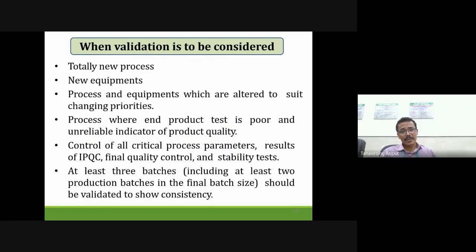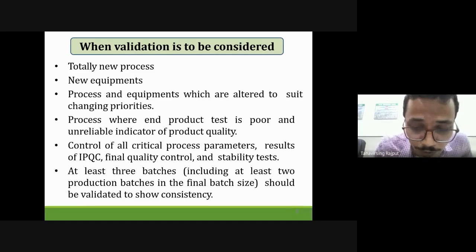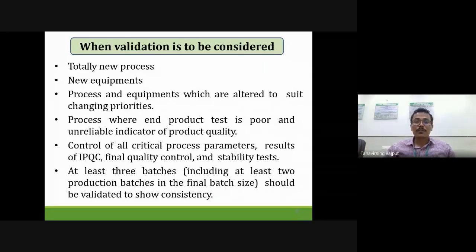Then, when is validation to be considered? When the process is totally new, when a new instrument is there, at the time of a new instrument we require validation. Then process equipment altered to suit changing priorities. When the process is changed, or there is any modification in the process, we go for validation.